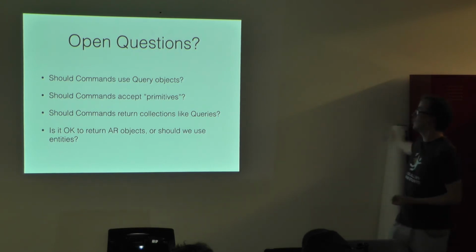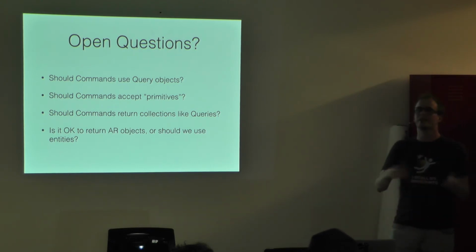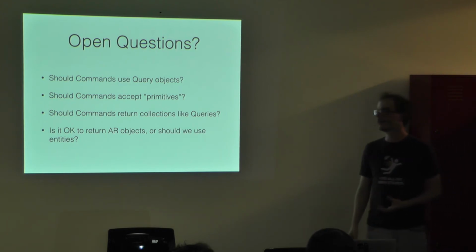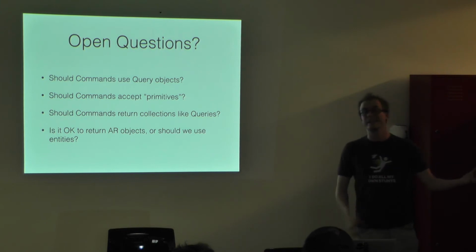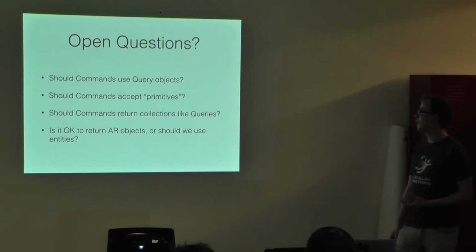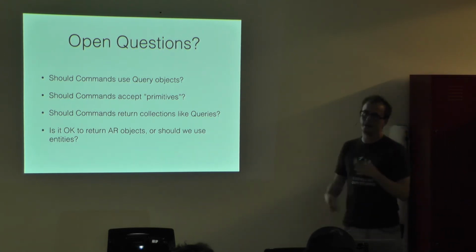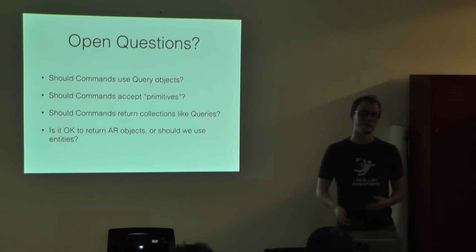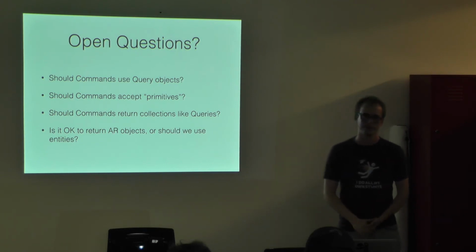Should commands return collections like queries? At this point, commands return a specific context, a whole bunch of objects at the same time. Maybe it would be nicer, at least for the controllers, that it returns something that's compatible with what the queries return. And at this point, these collections are basically active record associations, or at least an array of active record objects.